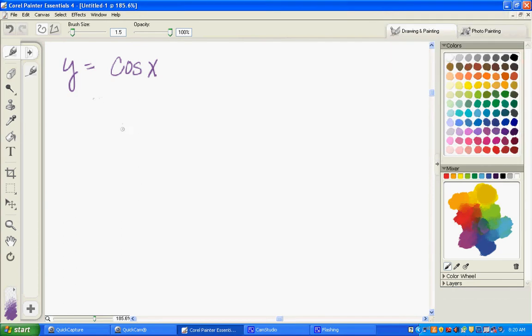I'm going to start by graphing the cosine function. If I graph just a standard cosine function, let's just look at it in one period. Then what I've got here is the standard key points: pi over 2, pi, 3 pi over 2, and 2 pi.